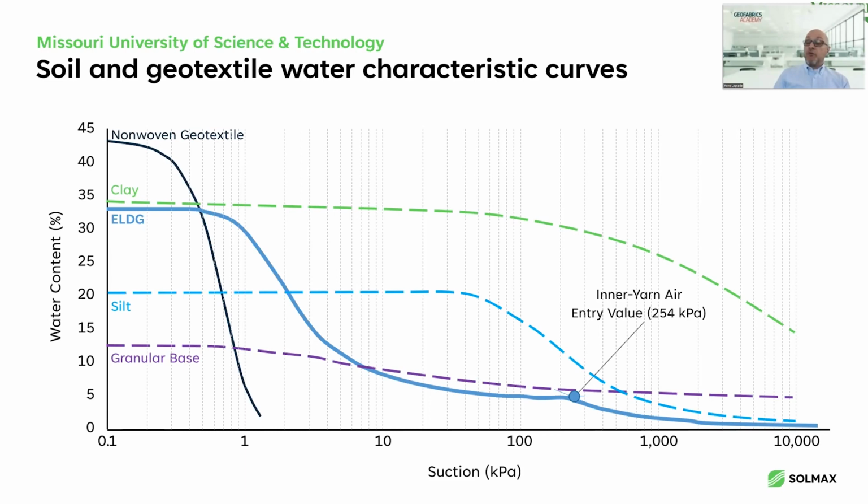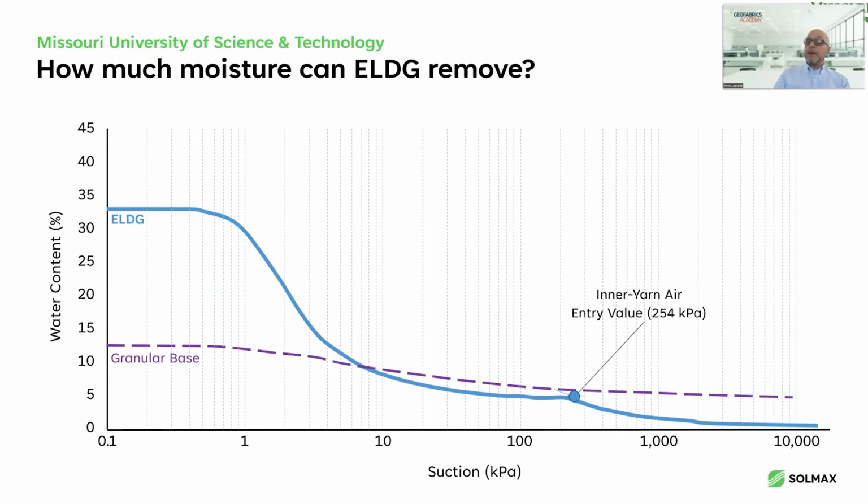If I draw a vertical line from the horizontal axis at 250 kPa until it hits each of these materials, it allows me to quantify, in theory, how much moisture I could possibly draw out of each of them from their saturation points.